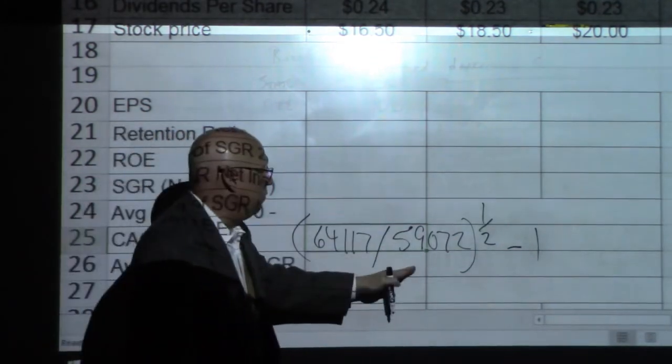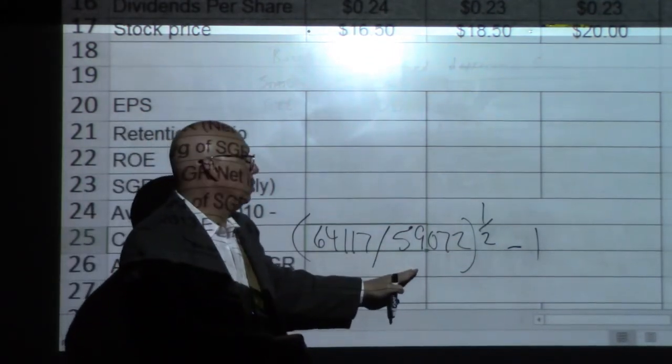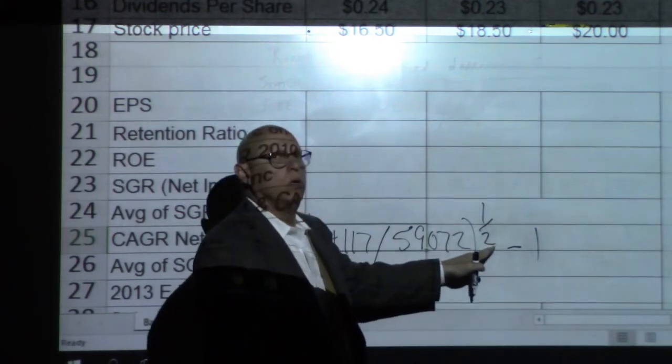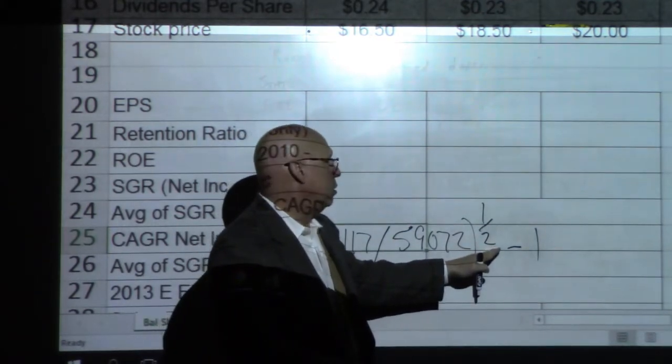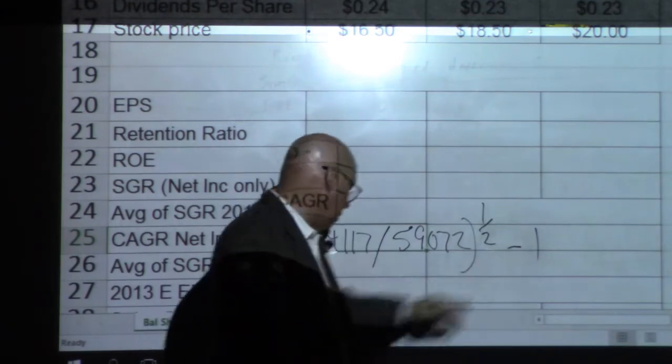64117 divided by 59072 equals y to the x, 2, 1 over x, equals, minus 1. So let's do that.